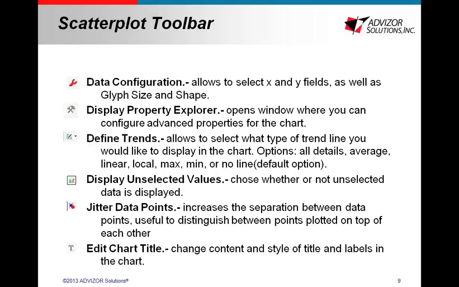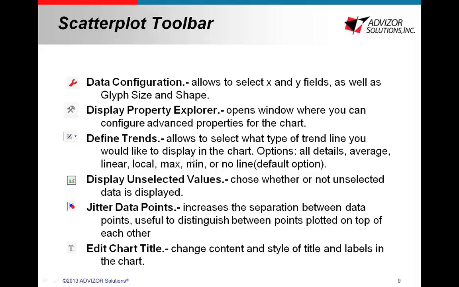We're going to have the Property Explorer, and I'm going to talk about these more in detail, where we have some of the more advanced properties. So, for example, customizing the brush ups, the size of the points, things like that. And I will show these in the software next. Also, we have the define trends.